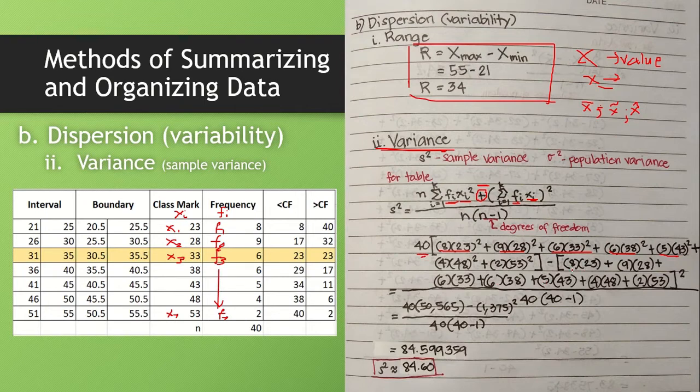So that's 8 times 23 plus 9 times 28 plus 6 times 33, 6 times 38, 5 times 43 plus 4 times 48 plus 2 times 53.